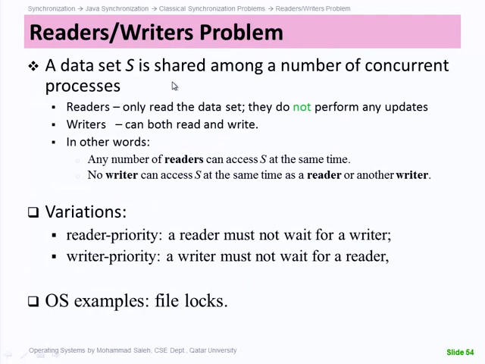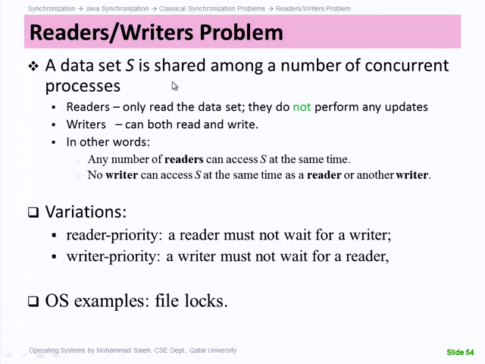Another problem called the readers writers problem, in which we have a data set, and that data set is accessed by multiple threads, and these threads are of two types. Some of them are readers, others are writers. Now for the data set to be consistent, we want to allow multiple readers to work simultaneously on this data set, because that won't harm it. They're only reading, right?